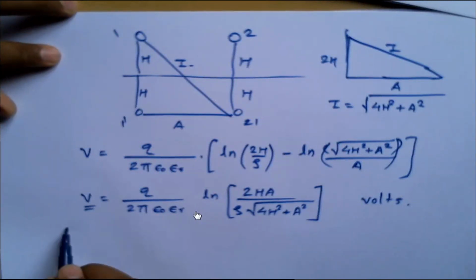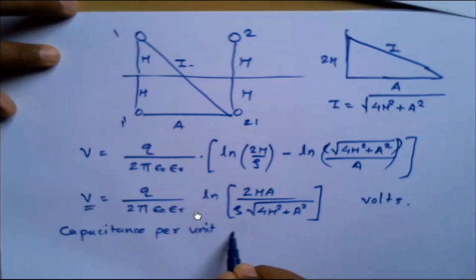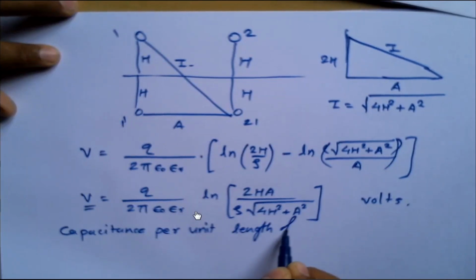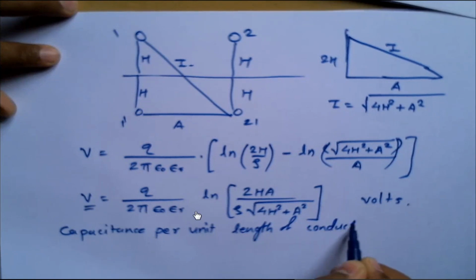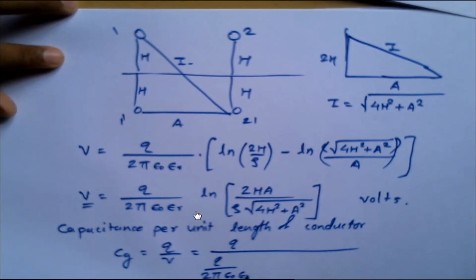So the capacitance per unit length of conductor, it is denoted by Cg, which is equal to Q upon V, and here it will be Q divided by Q upon 2 pi epsilon 0 epsilon R ln of 2hA divided by rho in bracket 4h square plus A square.